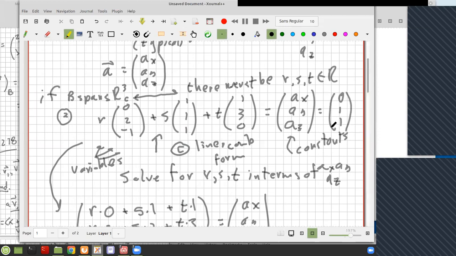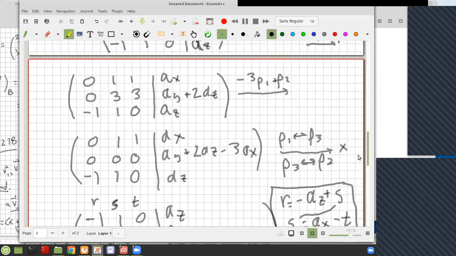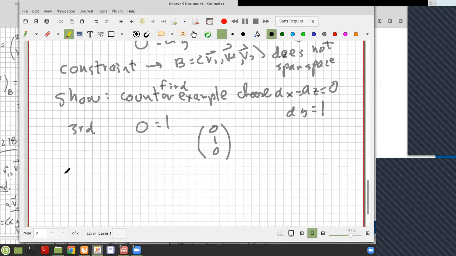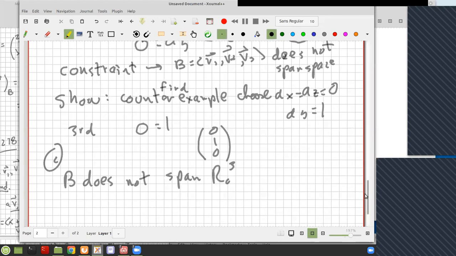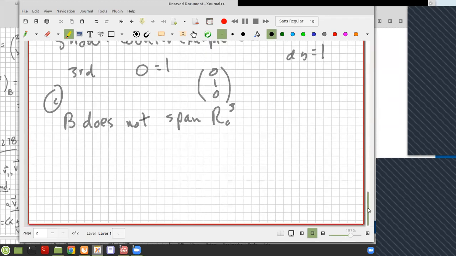So therefore, the conclusion, once you have the counterexample, is that B does not span R3. Even though it has three vectors, it doesn't span the space.